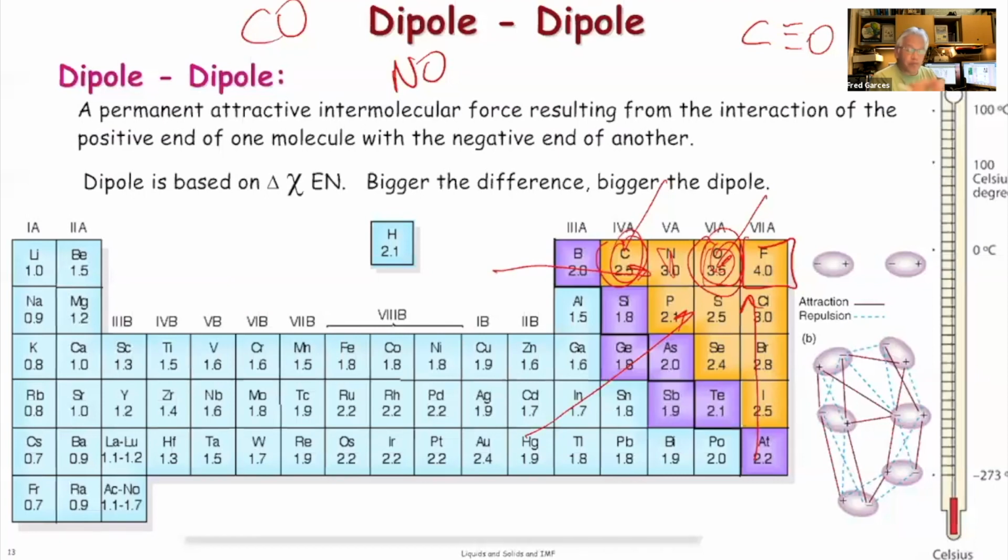This is for binary chemicals, where there are two atoms. That difference in electronegativity makes it more susceptible to being polar. Okay, I just want to point that out.